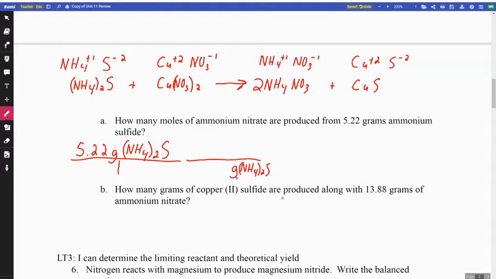We cannot go from that to moles of ammonium nitrate, but we can go to moles of (NH4)2S. Moles on top, not moles on bottom. That means there's a 1. Grams, what goes in front of grams every time is the molar mass. So that is 68.17. Grams of that cancels out. We're left with moles of that.